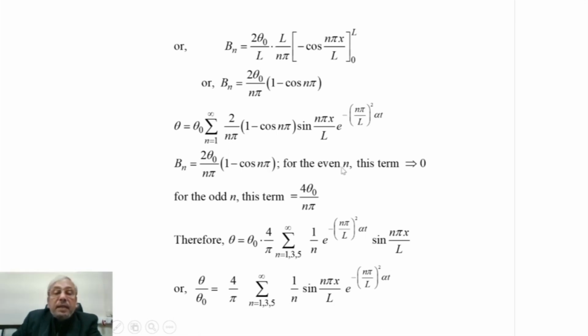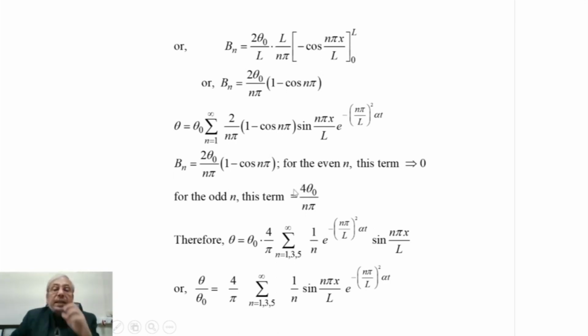Now for even n's, this term will be 0. And for odd n's, this term will be 4 theta naught by n pi. So in the summation series, we can keep all the odd terms, because for all even n's, this term will produce 0. So therefore theta becomes theta naught into 4 by pi into 1 by n.